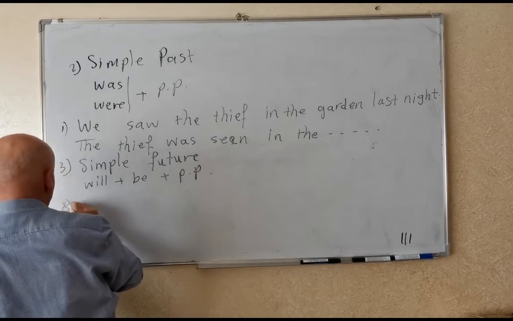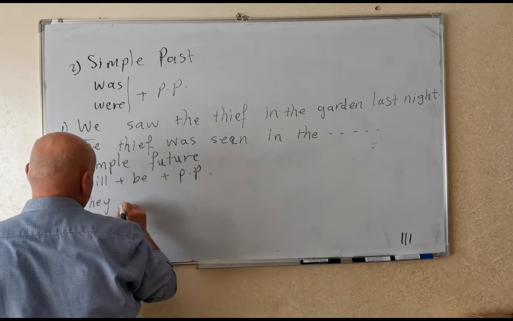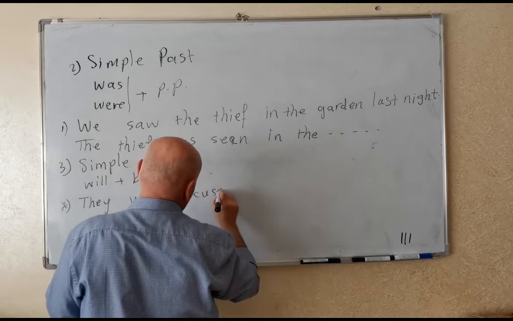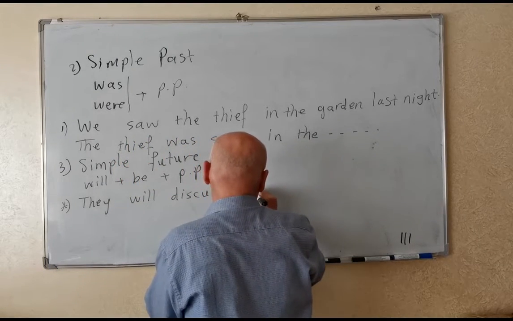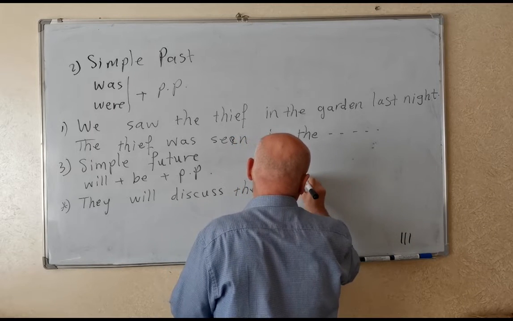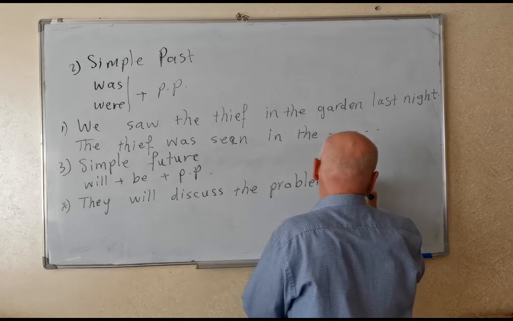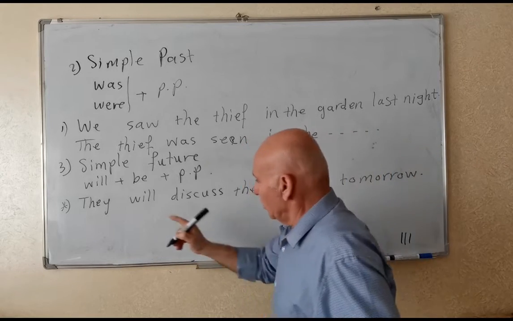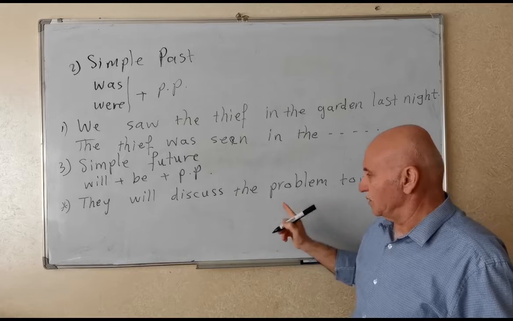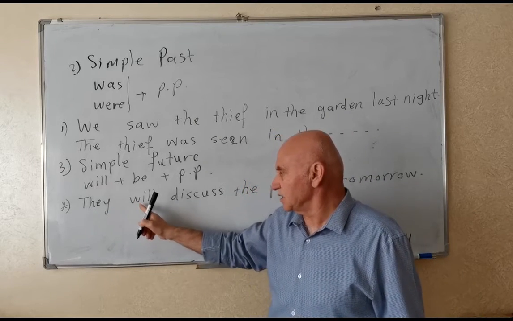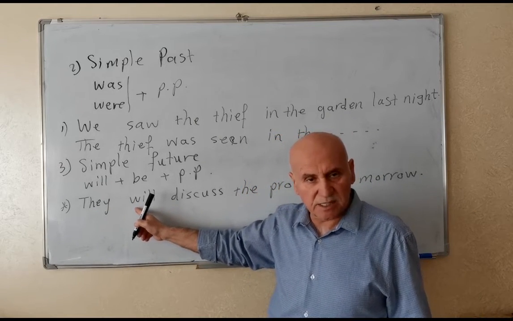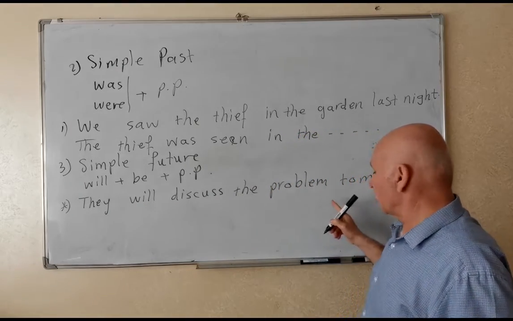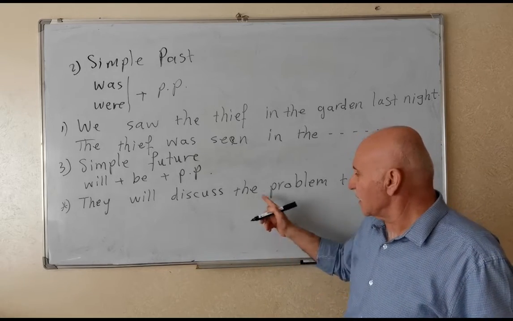An example: they will discuss the problem tomorrow. Again, there is the subject. Here we have will. Will is a modal. It is in the future. Discuss is the verb, and then the problem is the object. We start with the object.